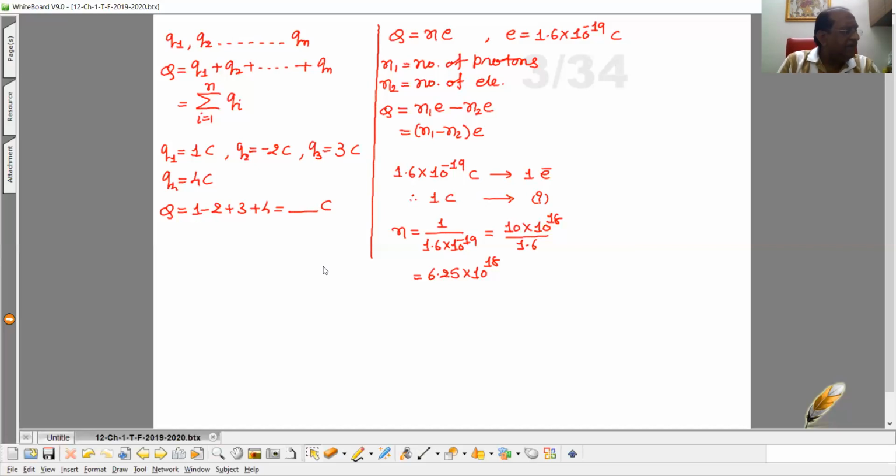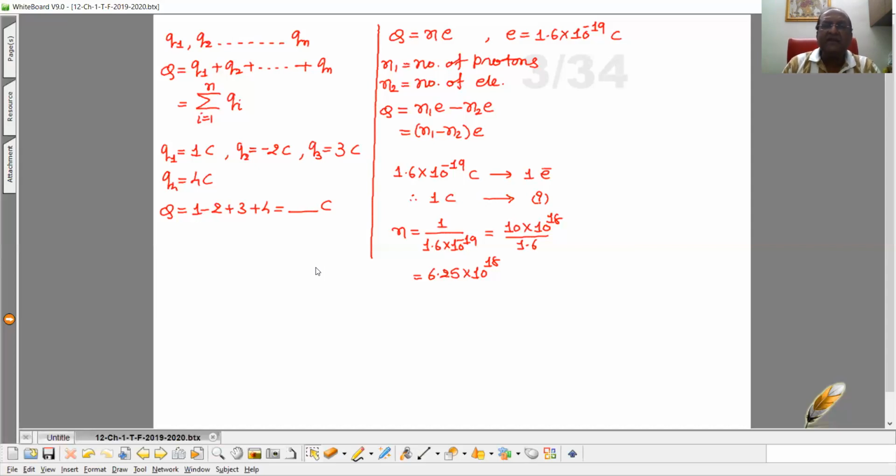Then after, quantization of electric charge. Quantization of electric charge means the charge available in nature. It implies that when any object, any body is charged or possesses charge, then the charge will be equal to an integer multiple of some fundamental charge.